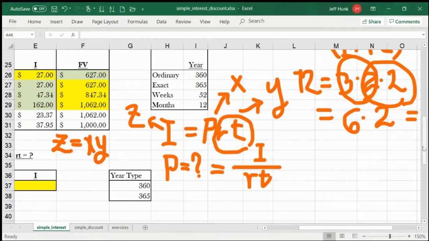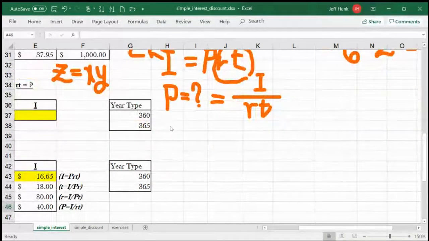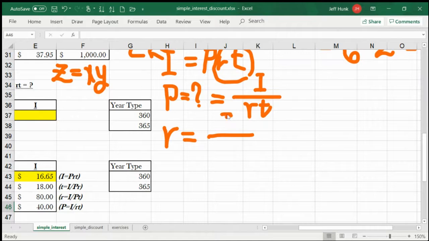And by the same logic, what is r? R will be I divided by p times t. Okay, then what is t? How do you solve for time?